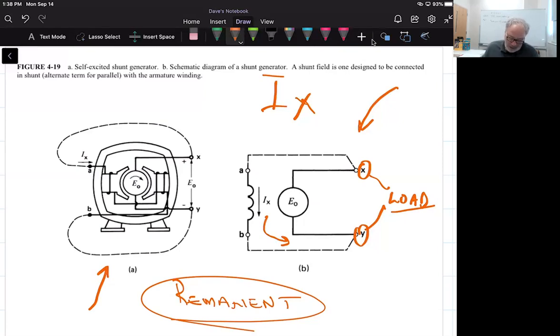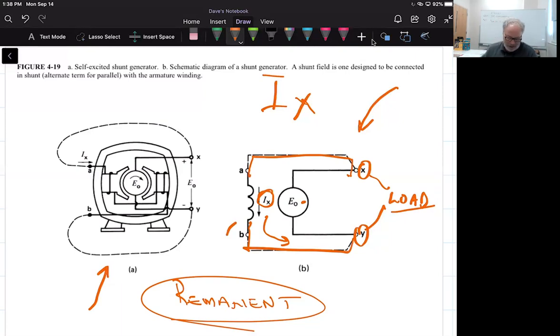Then as the flux per pole increases, the excitation current again increases, because it's in parallel with everything. As that increases, the voltage increases. As the voltage increases, since it's in parallel, the excitation current increases. As the excitation current increases, the voltage increases.